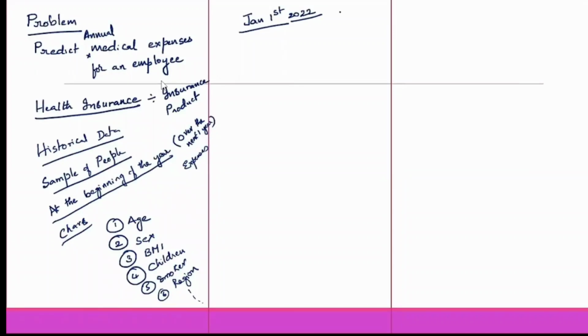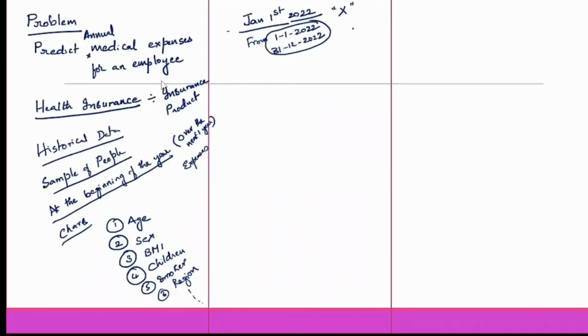That is when I collect all the X. From Jan 1st, 2022 to December 31st, 2022, during this future period, as of Jan 1st, this is future. But as of now, it might be past. But as of Jan 1st, it is future. So during this period, what were the expenses?